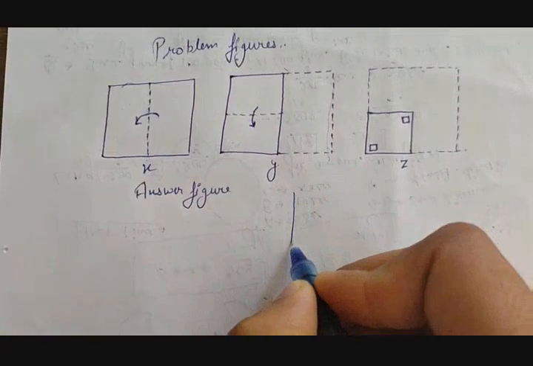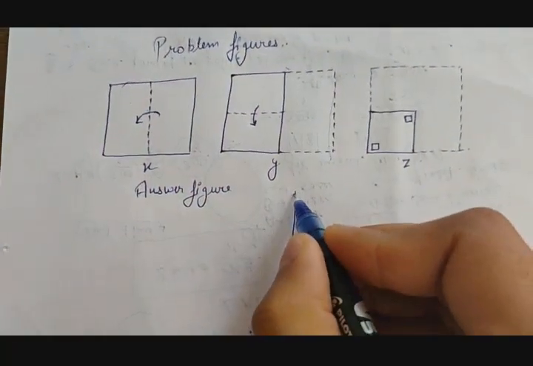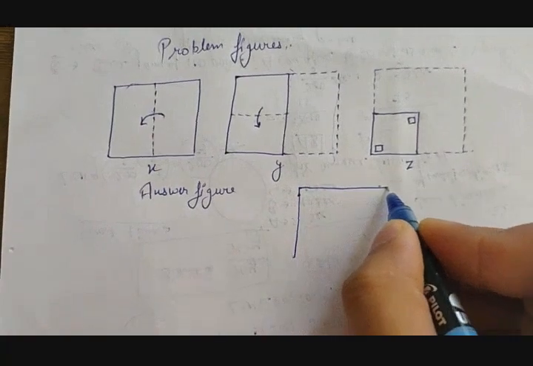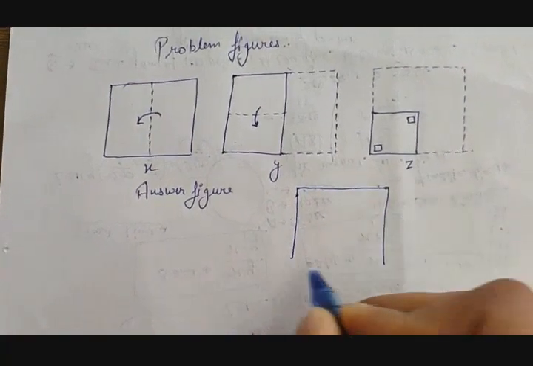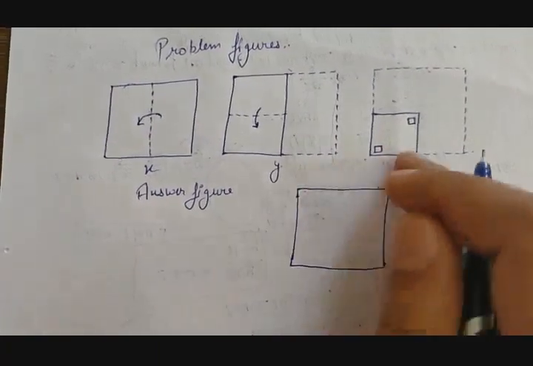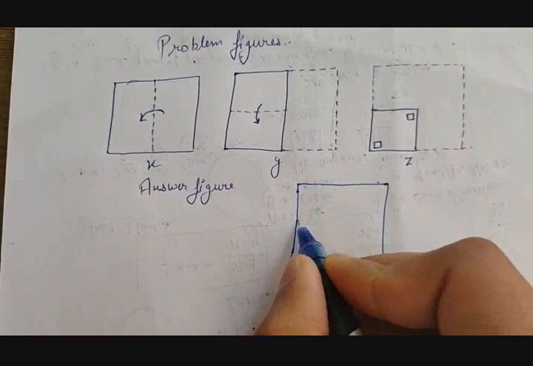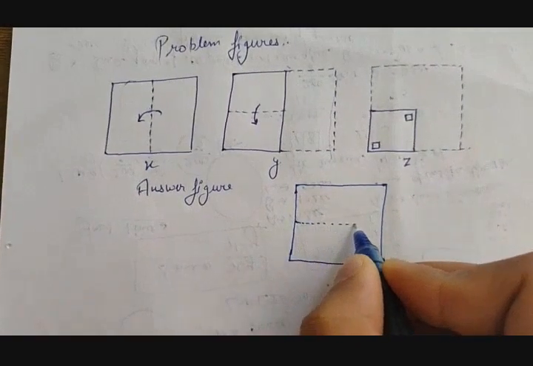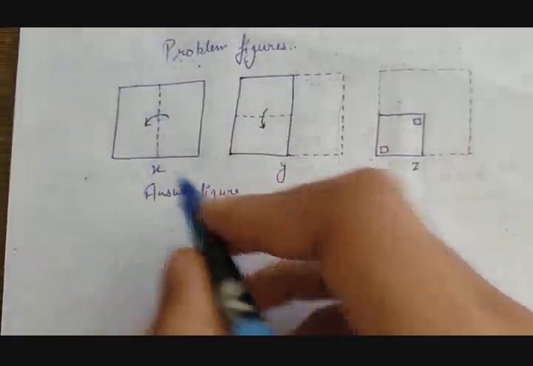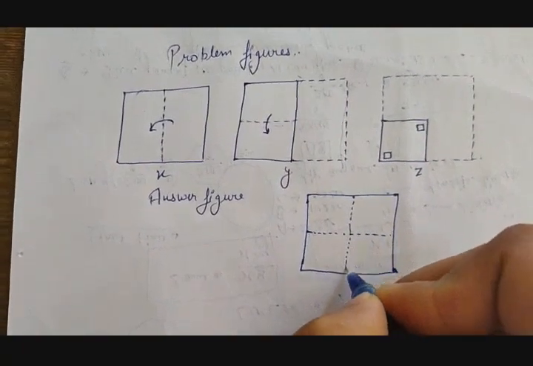Just see in the answer figure, first of all the complete sheet; when you open it, it will be like this one. So this one, this one, this one, and this one just represent the complete sheet. Now mark this figure with dotted lines, because the figure will open along these dotted lines.